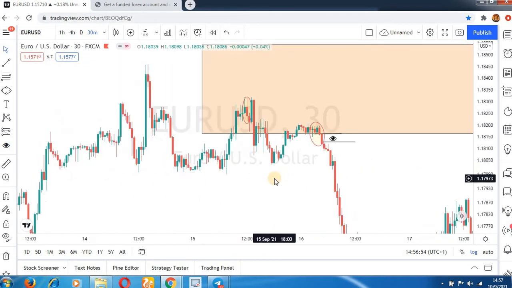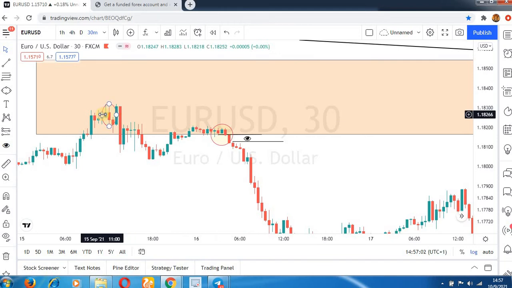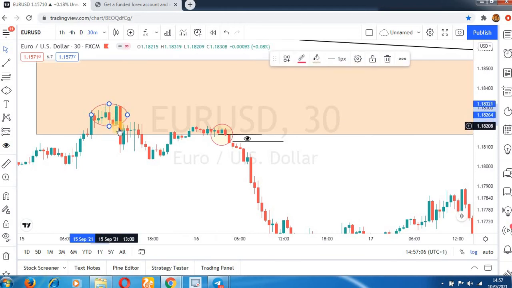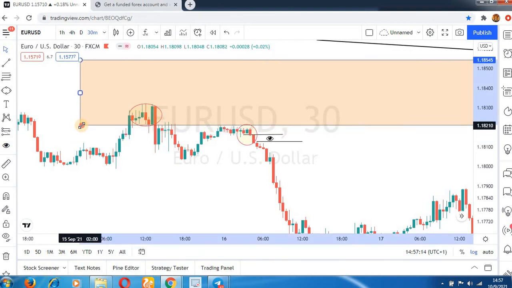Yeah. Now look at this other one. This one is where it's still that same one we were talking about. You see it? Now it looks mitigated, so I wouldn't want to go up here. You understand?